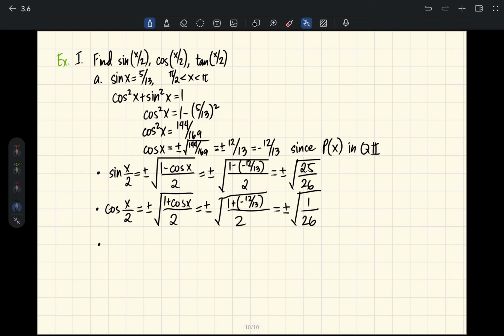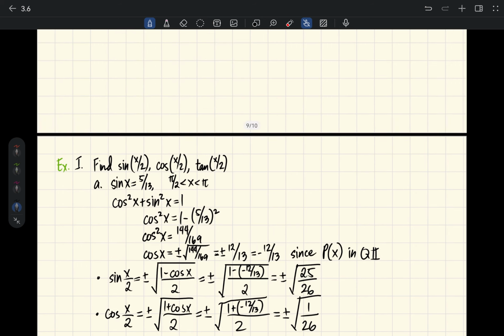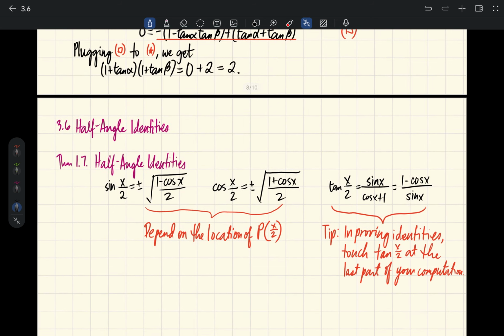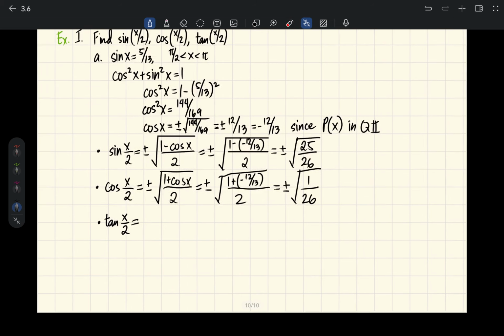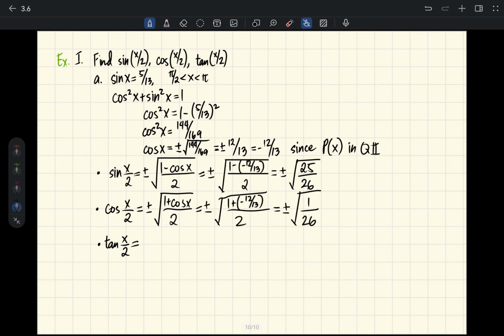Then lastly, for tangent of x over 2, you can use either this one or this one. It doesn't really matter. So I'll just use sine x over cosine x plus 1. So that's 5 over 13 all over negative 12 over 13 plus 1.